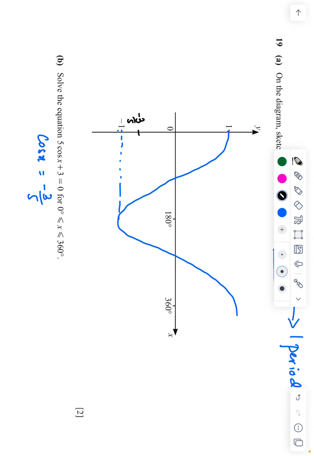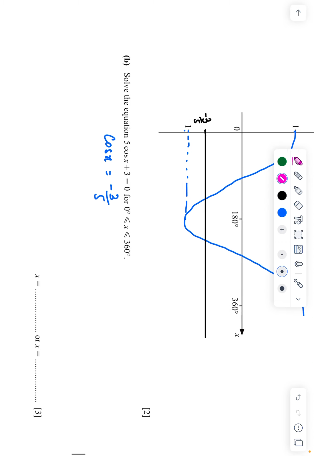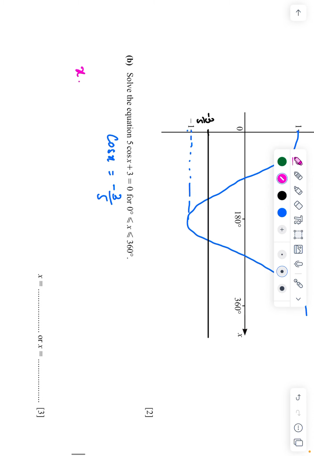Okay, so I'm going to draw a straight line there. Using the calculator, I will check what is cos inverse of -3 over 5. Primary value we always must take from the calculator.